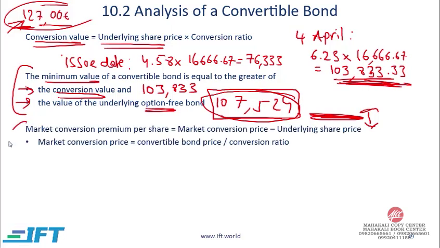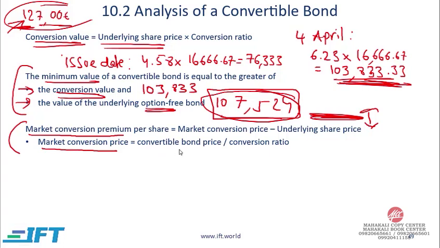Next, we need to understand the concept of market conversion premium and market conversion price. Market conversion price is the convertible bond price, that's the current price of the convertible bond, divided by the conversion ratio.